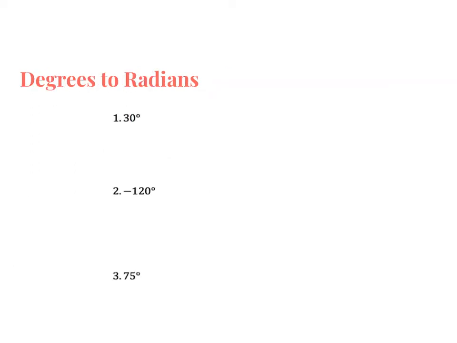Let's go through some examples of those. For the first one, we have 30 degrees. We know it's the unit of degrees, and we want to convert to radians. So when we're converting from degrees to radians, we use that ratio on the left. So it's going to be pi radians over 180 degrees. So if I have 30 degrees, I set up the unit conversion, which has to be equal to 1.